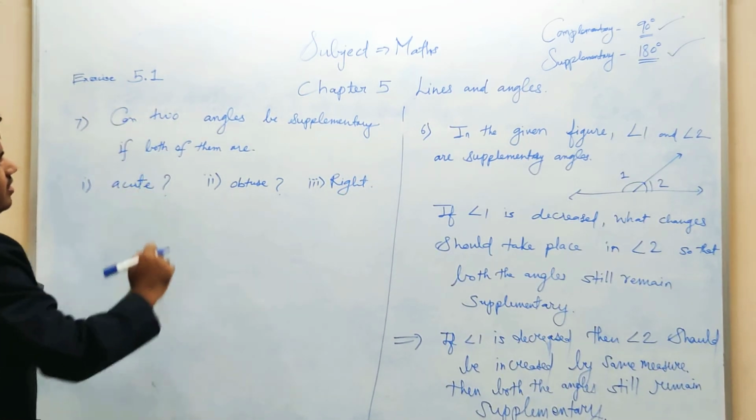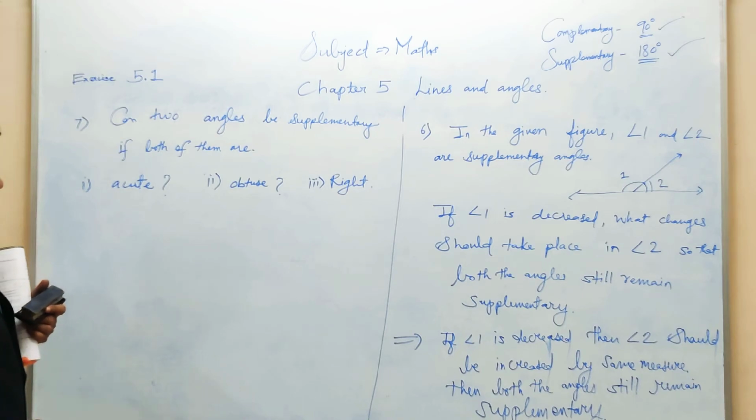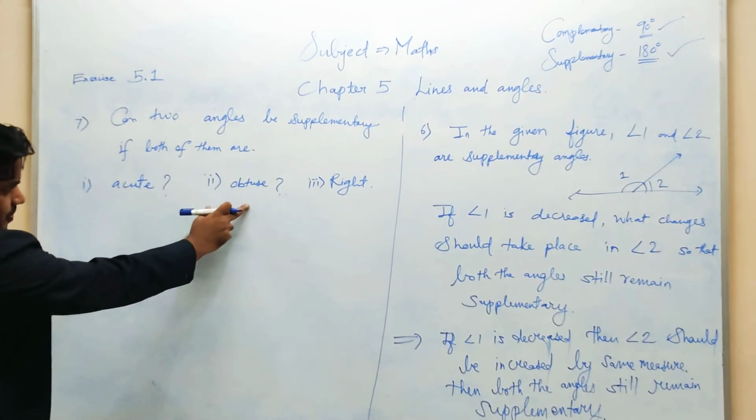So here, can two angles be supplementary if both of them are, first one acute, second one obtuse, and third one right?